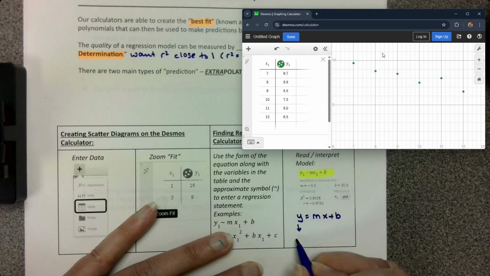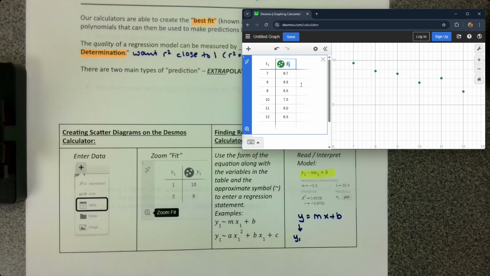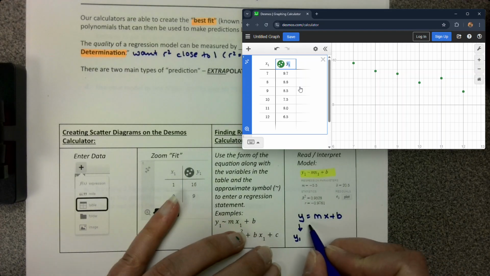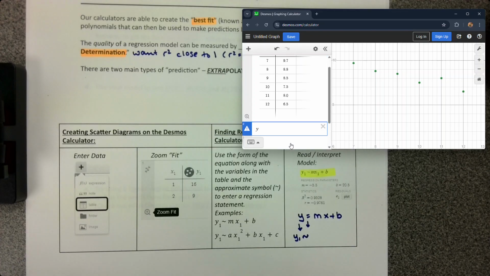So we change the y value to y1 if your table has a y1 in it, you're using table 1. If your table has a y2 in it, then you would use a y2 here, of course. We're going to change the equals to an approximately symbol so that we can approximate a model since we know it's not going to be perfect.